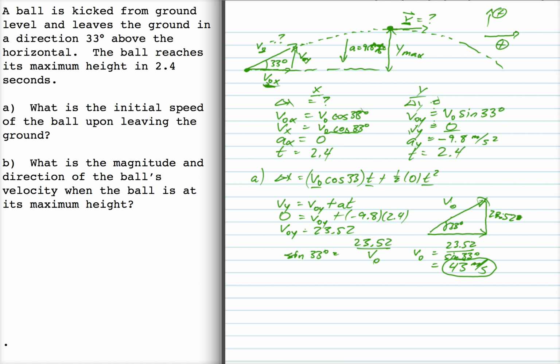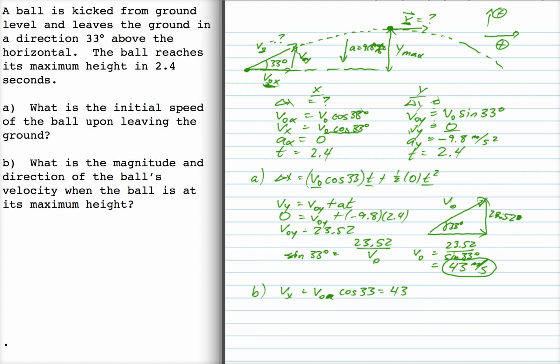From that, I could get the initial x velocity if I needed it, final x velocity, I could get the x displacement, and so on, but they're not asking for that. They're only asking for, in part B, the magnitude and direction of the ball's velocity when the ball is at its maximum height. Well, I know that vx is equal to v naught cosine 33.